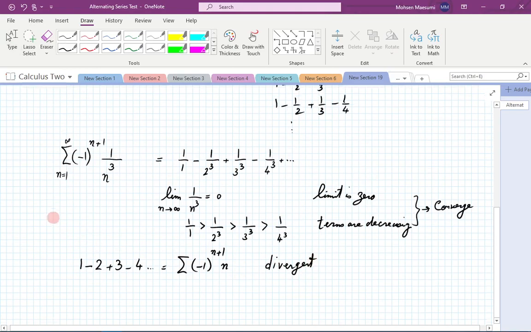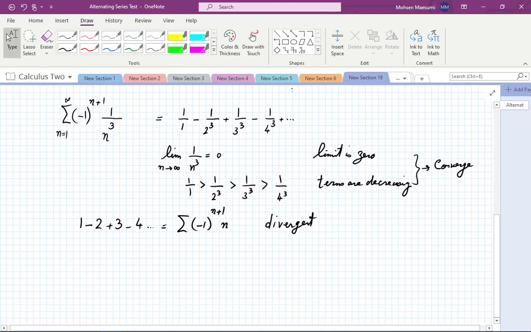How about the other one? The other one we had 1/2 minus 2/3 plus 3/4 and so on. What would be the formula for something like this? So I have n plus 1 in the denominator.